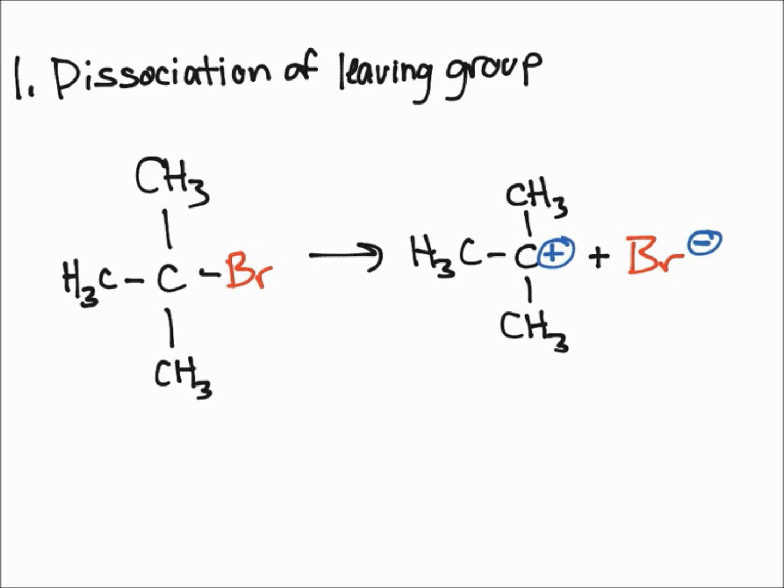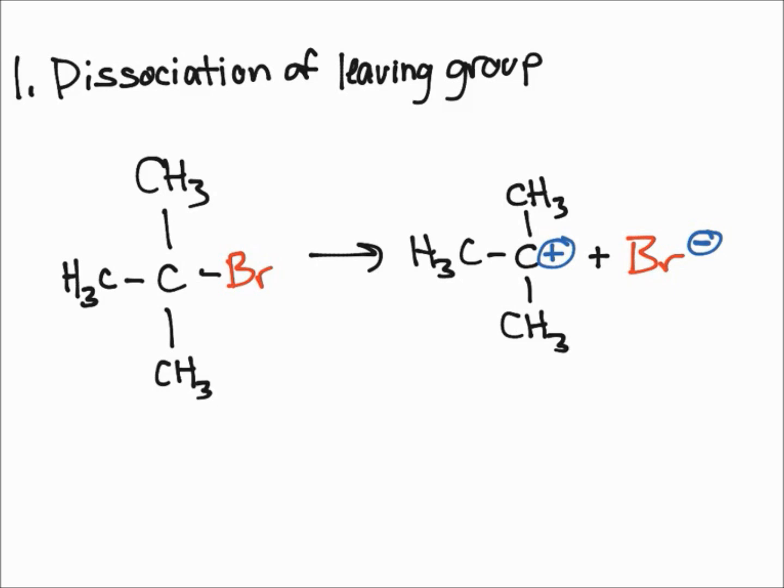This can happen because, remember, we talked about bromine being a good leaving group. It's pretty stable on its own, and so bromine can essentially just leave. And so that's the first step. First, you form a carbocation.